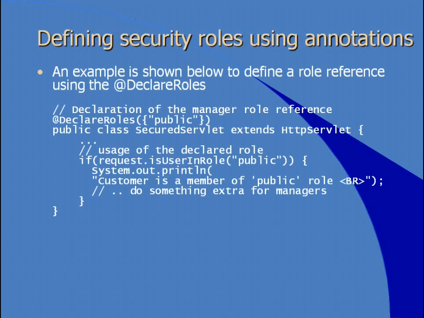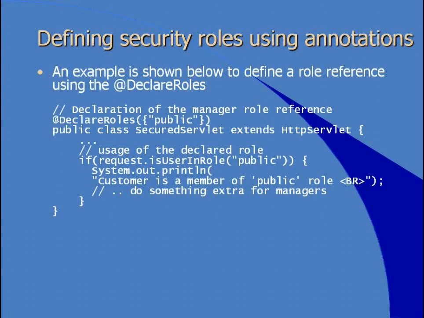Annotations have to be interpreted before the code can be compiled, so placement is a little picky. Here we're using @DeclareRoles to annotate our class SecuredServlet, and saying, with parentheses, curly brackets, and quotes, this is the role I'm declaring. I might be looking for membership of this role.